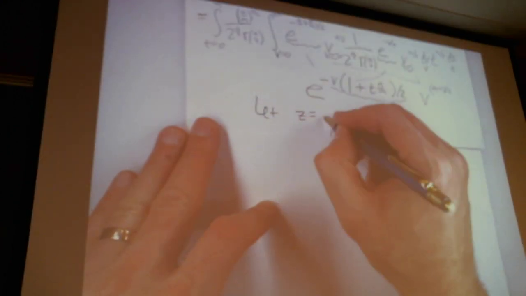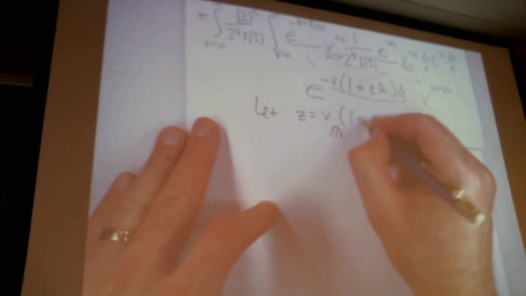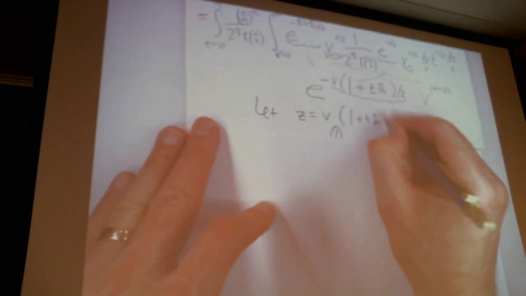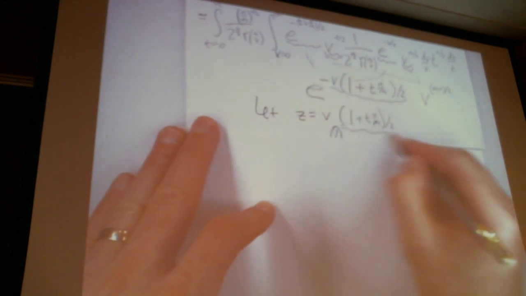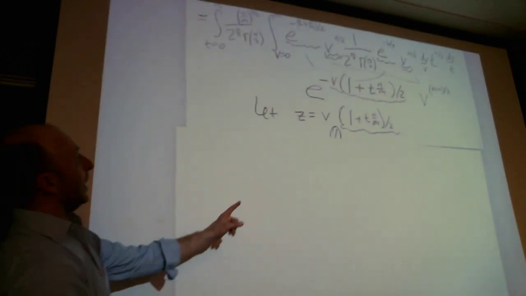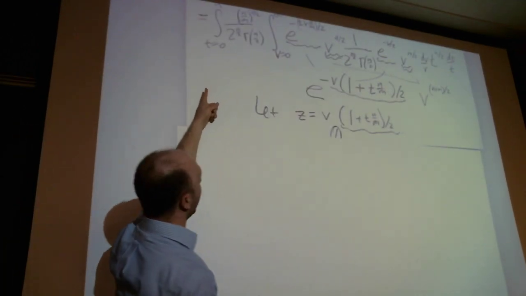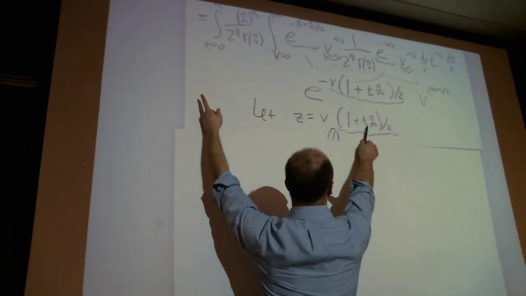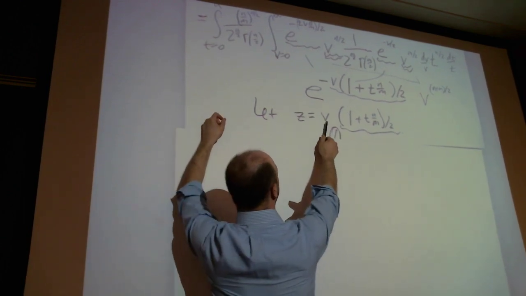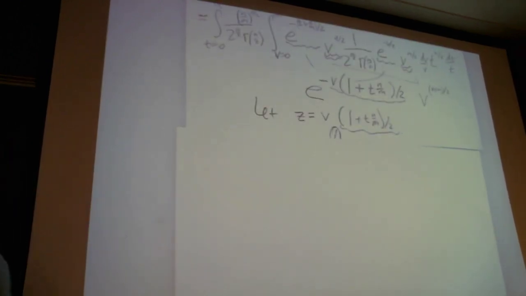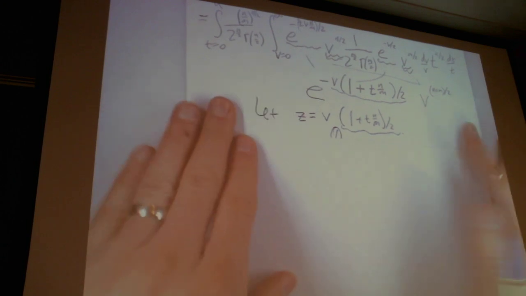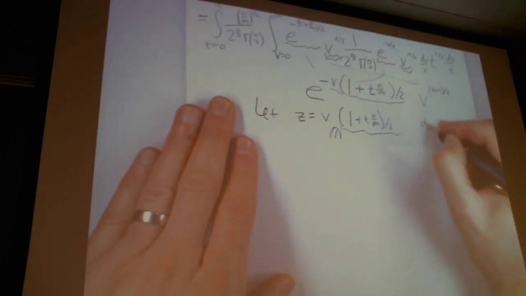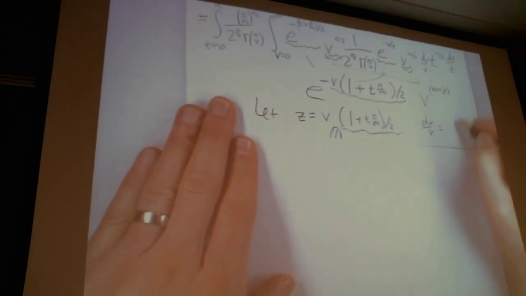So now make another change of variables. Let z equal v times 1 plus t n over m over 2. These are all constants. This is an inside integral. The value of t has been fixed. t is a constant as far as z is concerned. It's a change of variables in v. There's my favorite factor, dv over v. What happens to dv over v? dz over z.